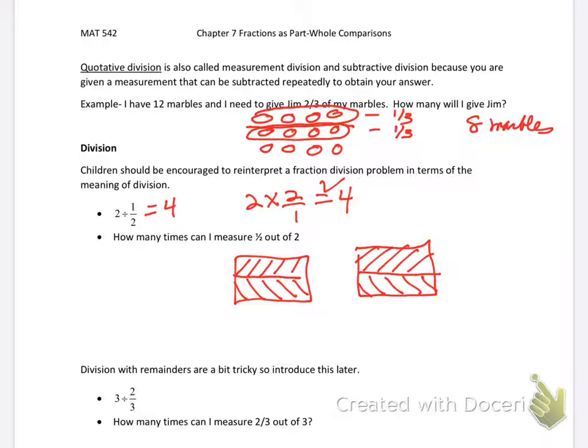So I can take it out 4 times, and I know from doing my math here that I am correct. Okay, now doing division with remainders is a bit tricky, so we're going to introduce that later, but I'll give you an idea about what I mean and what makes it tricky. So let's say we had 3 rectangles, and you want to take 2/3 out of each one. So let's divide them into thirds.